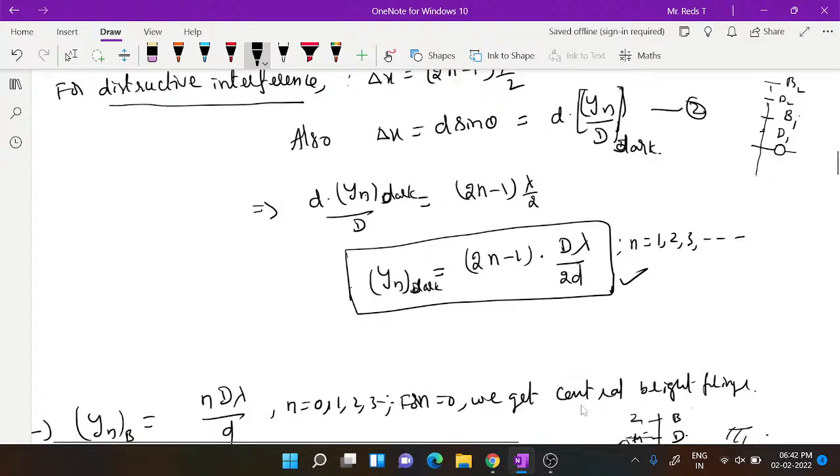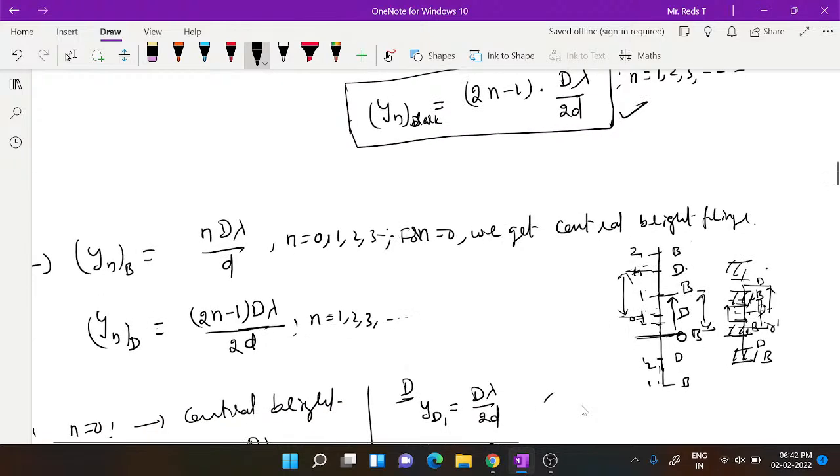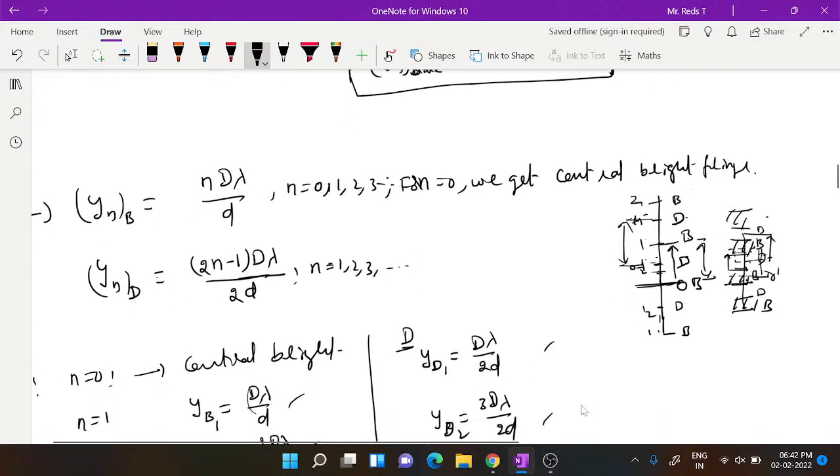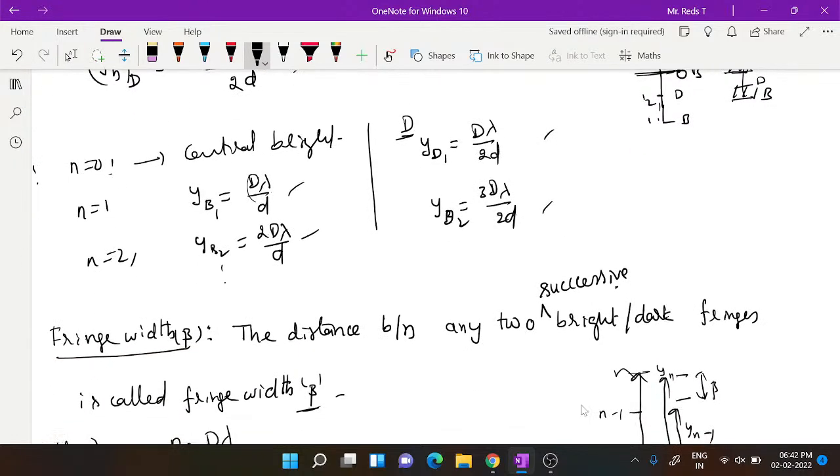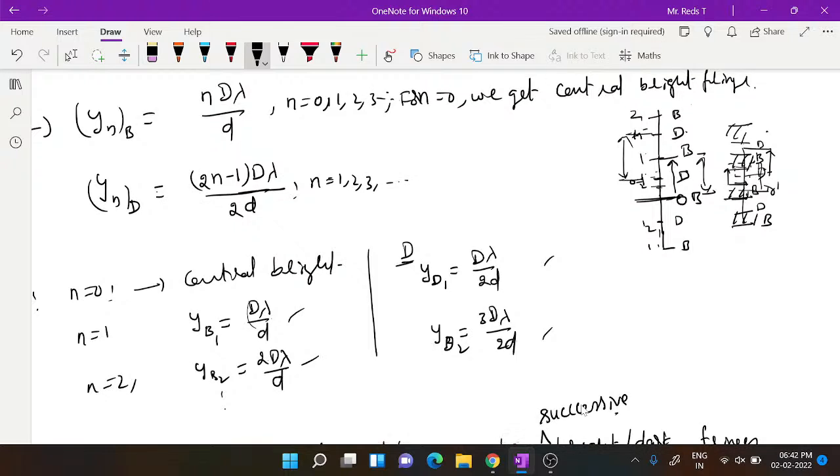Now, making use of this, we will discuss one more very important point, called fringe width. Fringe width is represented as beta. It can be defined as the distance between any two successive bright or dark fringes. Successive means coming immediately next. If you see this diagram, central bright, then dark, then bright, then dark, then bright comes.